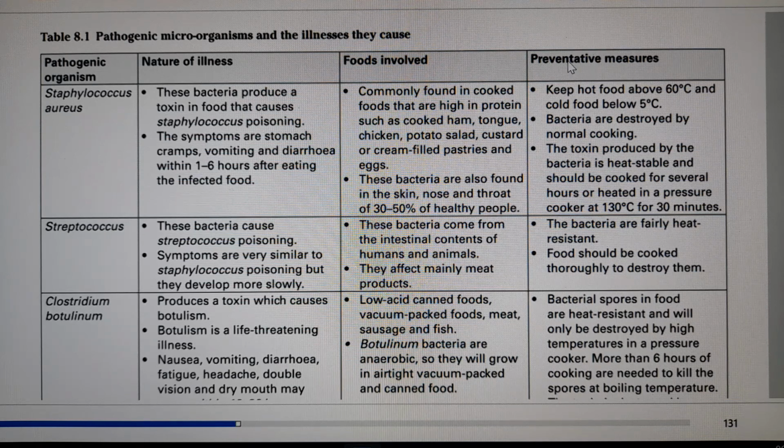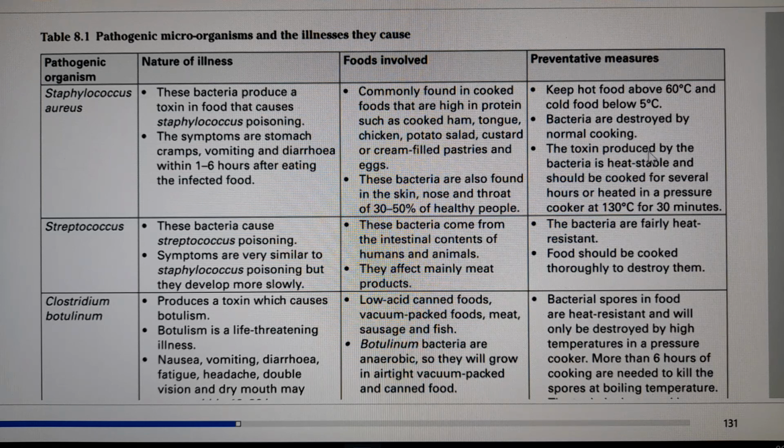So what can we do to prevent the effects of this microorganism? We must keep hot food above 60 degrees Celsius and keep cold food below 5 degrees Celsius. The bacteria are destroyed by normal cooking. So if you cook the food, then you will destroy the bacteria.